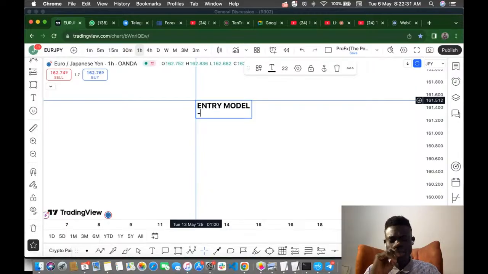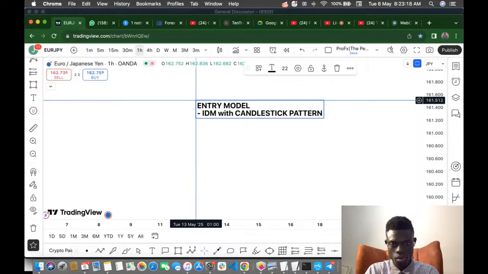So the entry model, I name it IDM. I give it a name: IDM with candlestick pattern, and IDM with SMC order block.